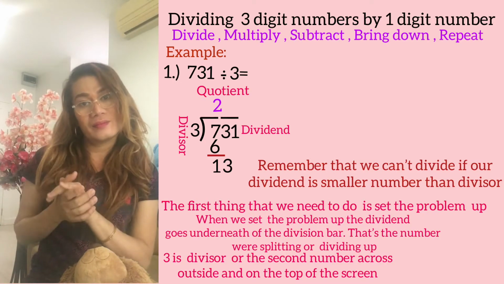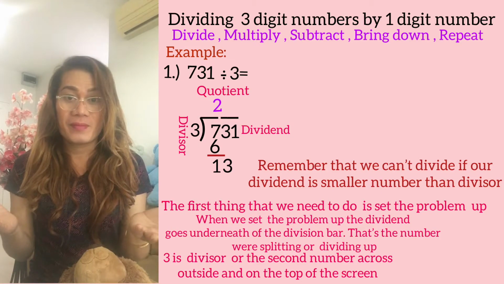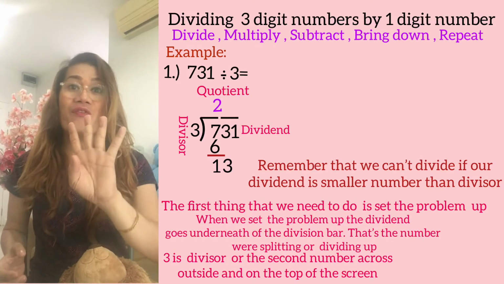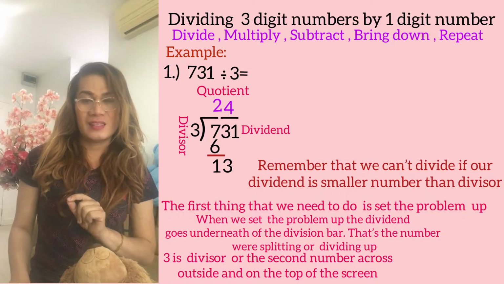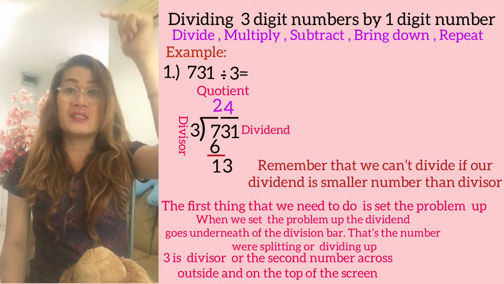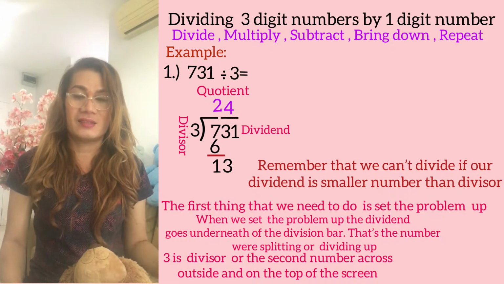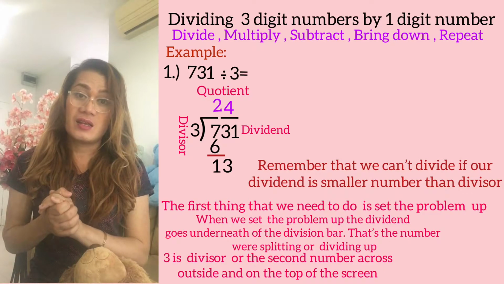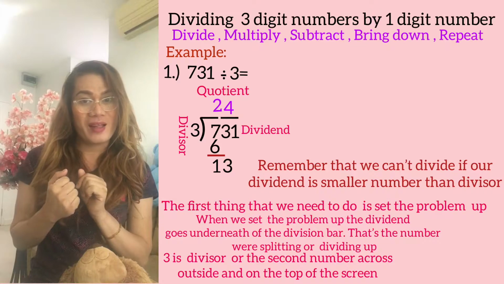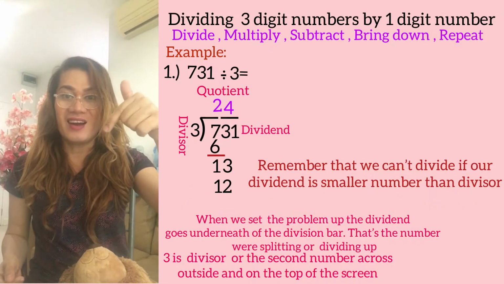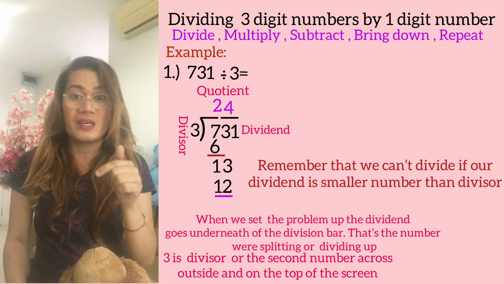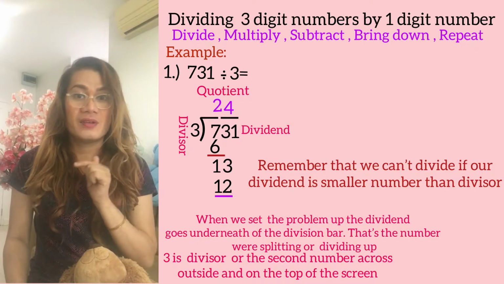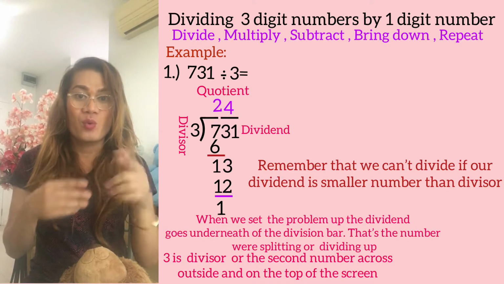Think about it. Of course, 4. So we put our number 4 on top of the 3. And repeat again: 4 times 3 is 12. So we have 13 minus 12 equals 1.